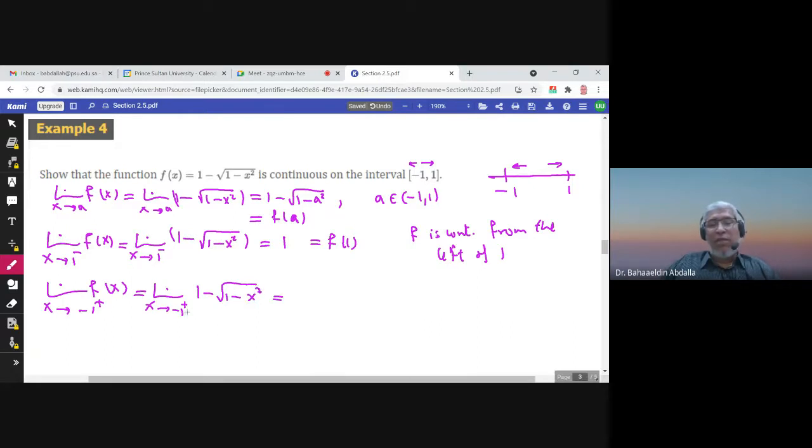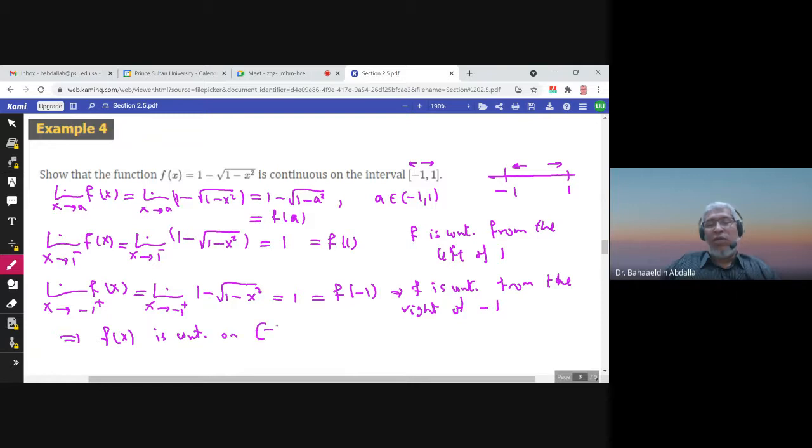And if you replace x by -1, 1 minus 1 is 0, and the answer is 1, which is again f of -1. So f is continuous from the right of -1, which means the function is continuous on the interval -1 to 1.